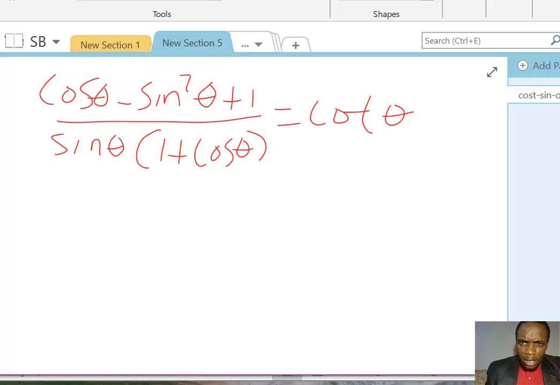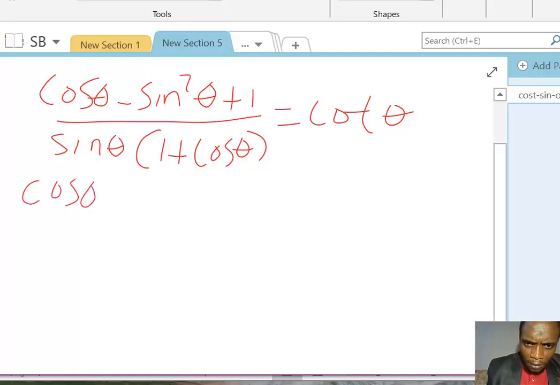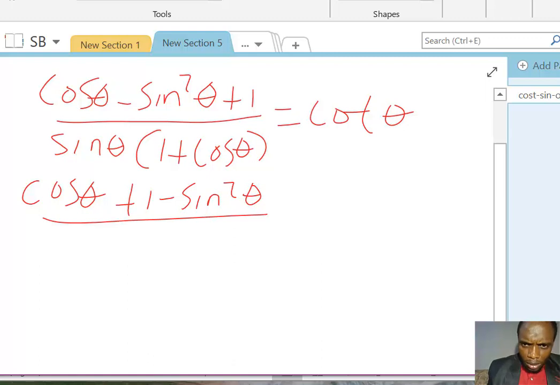So we can rearrange this as cos theta plus 1 minus sin square theta, and let's leave the denominator, sin theta into 1 plus cos theta.